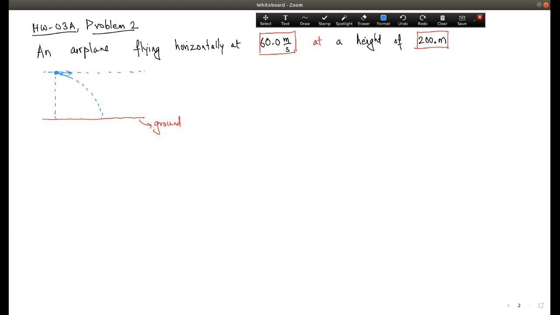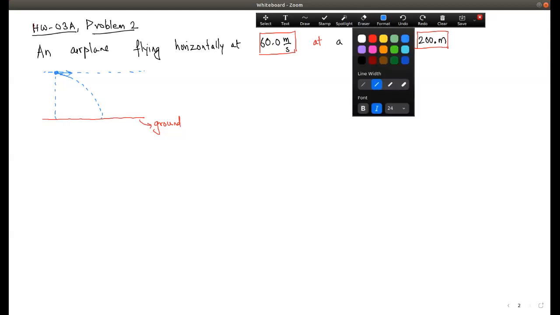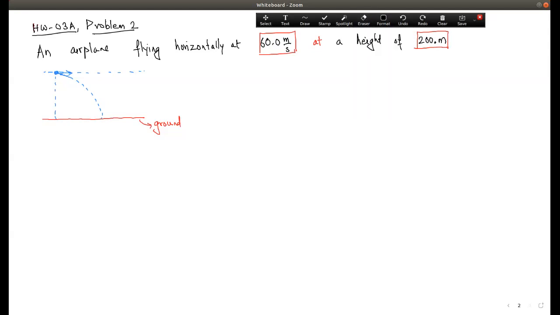So the tendency of that package will be to go with the same velocity. So it has an initial velocity in the horizontal direction, but right at that point, it doesn't have any y velocity. So that's the information content we have to gather. So let's say that is x direction and y direction.